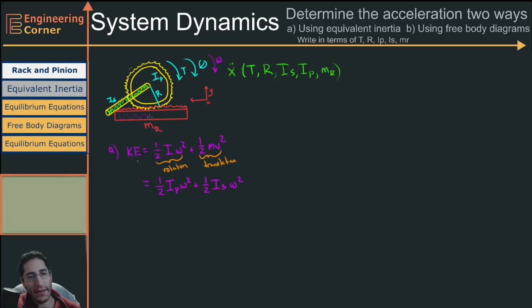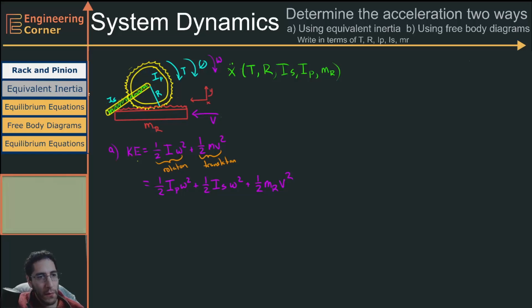So now I look at this rack or this linear piece, and this linear piece is only translating. So the linear piece doesn't have any of this rotation. All I have to account for is this 1/2 m_R v squared, we're moving in this direction, so we have some velocity squared.